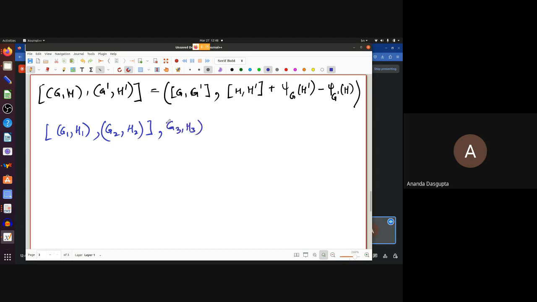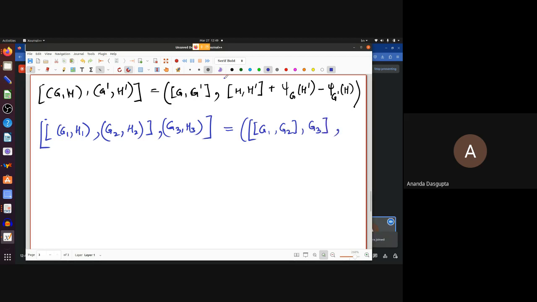I was tempted to say broth, but anyway. So 1, 2, 3. And that would be easier to also do cyclic permutations on. And here, the first term is sort of easy to see, will be G1, G2's bracket, bracketed with G3, right?